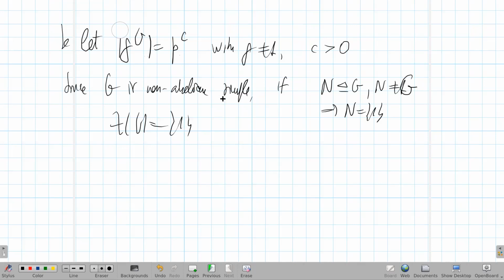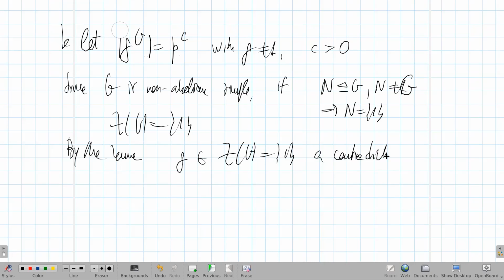It cannot be G, because G is non-abelian, and then it has to be 1. But then the lemma we just proved tells us that, by the lemma, g is in the center of G, which is only 1, a contradiction, okay? Because g was different from 1.